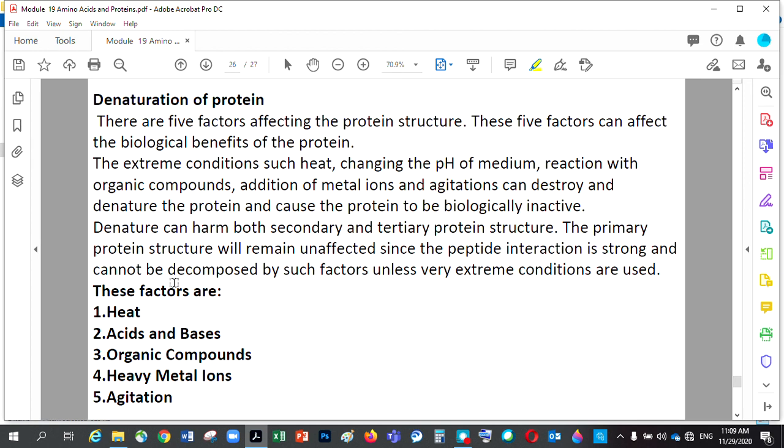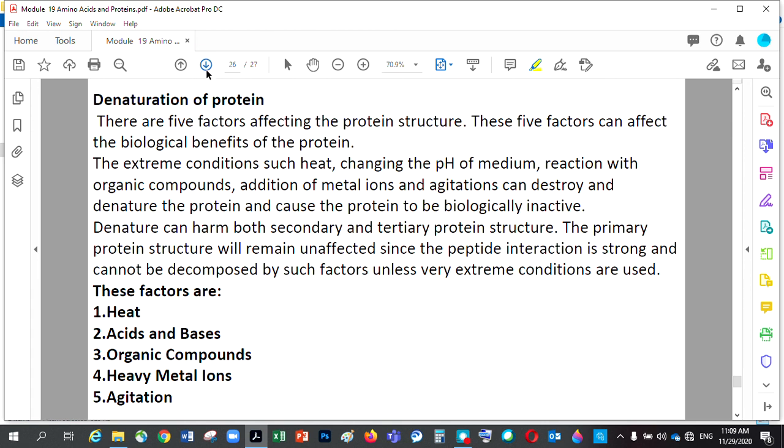Those chains will be stripped out, and after the denaturing conditions, they will turn into what? A primary chain, just a normal long chain, and biologically they are not active. They are said to be inactive because they lost their characteristics, the activity.